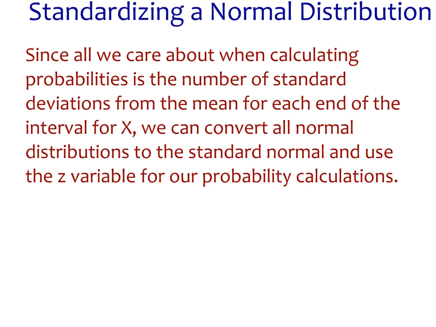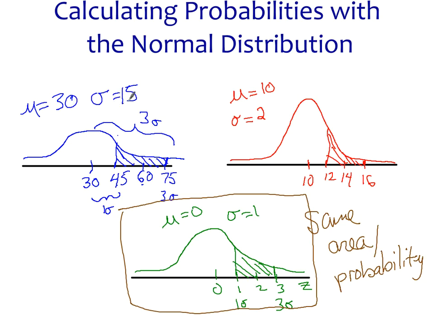So how does that look? Well, the z variable for any given x within our possible x's is that x value minus the mean over the standard deviation. What I mean by that is if we have some arbitrary normal distribution with a mean mu and a standard deviation sigma, and those aren't the standard normal ones, the mean mu might be 30 and sigma might be 15.